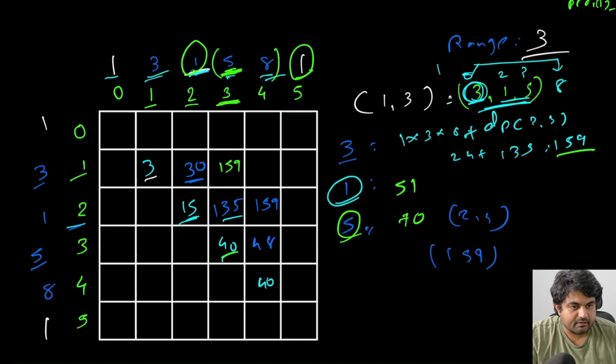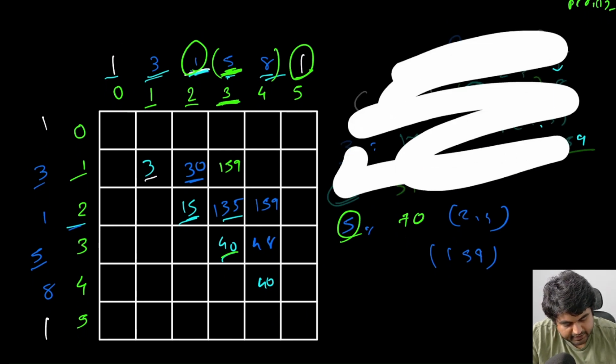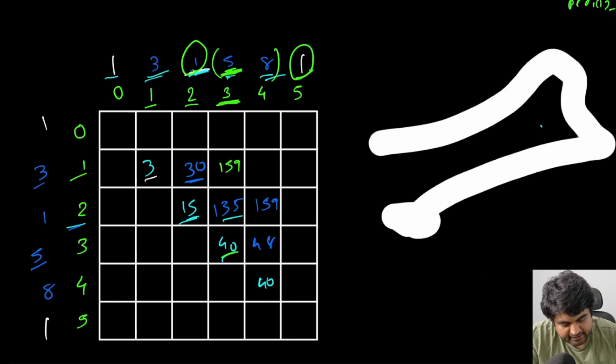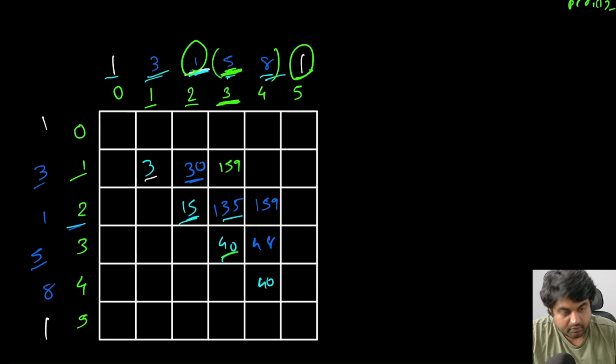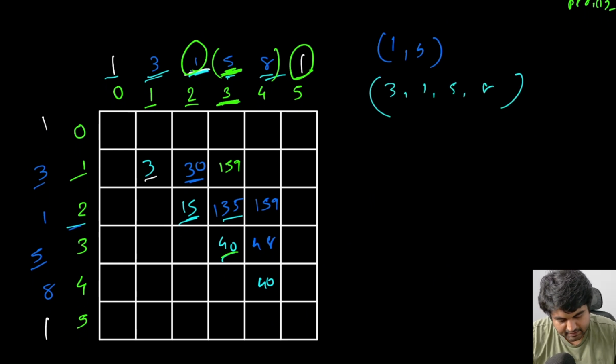And now comes our final range, that is of range size 4. And for the range size 4, the only possibility in this case we are going to have would be basically just one value. So the range would be from 1 to 4. We have the possibility of bursting 3, 1, 5 and 8, all 4 balloons at the last. What if we decide to burst balloon number 3 last?